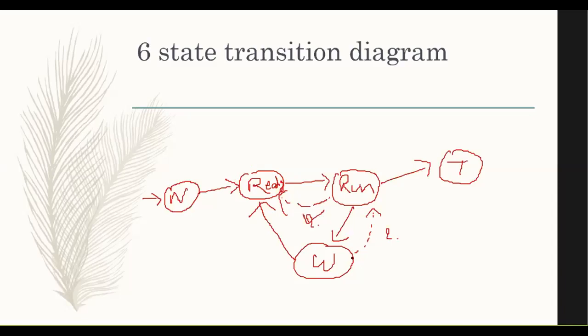Now the next thing is, can we have waiting to running? Is it right? The answer is no. You cannot move from wait directly to run. Now, what is the reason behind it?